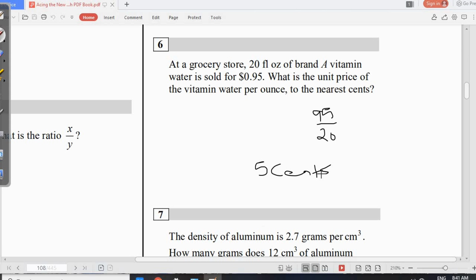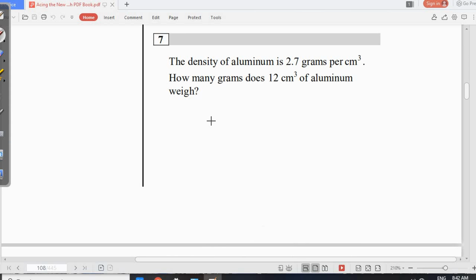Number 7. So here in this question, the density. Remember that density is equal to mass over volume. So the density of aluminum is 2.7 grams per centimeter cube. And you have how many grams does 12 centimeter cube of aluminum weigh? So you have mass over 12.